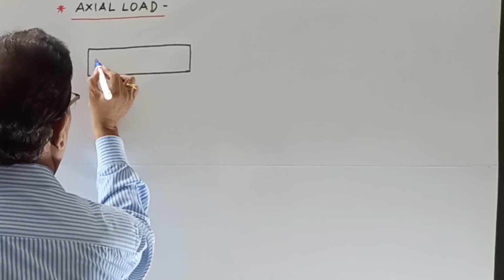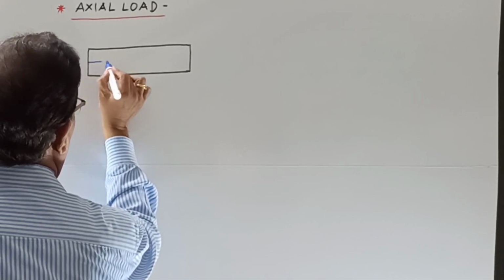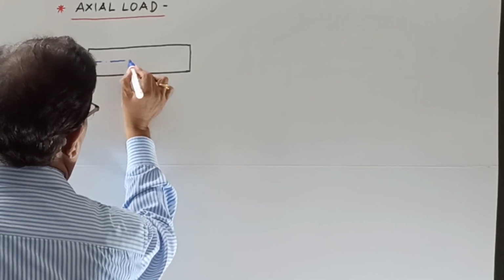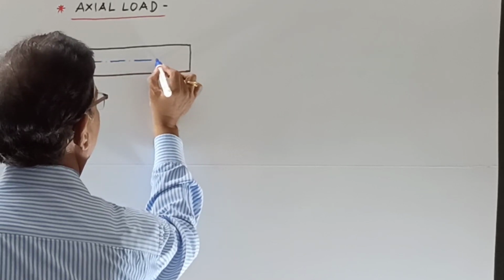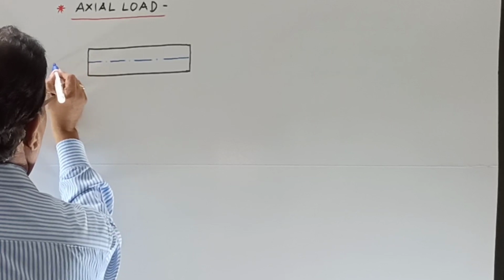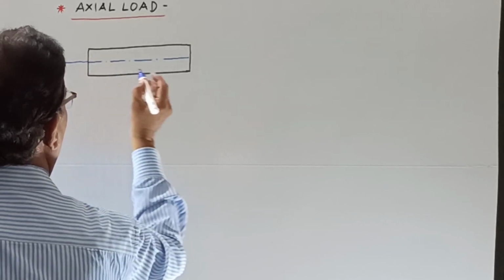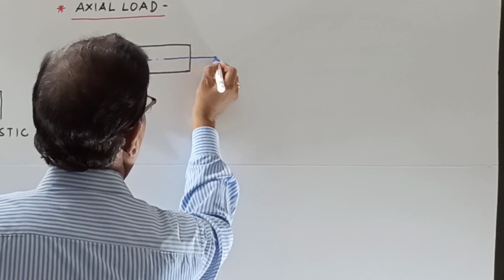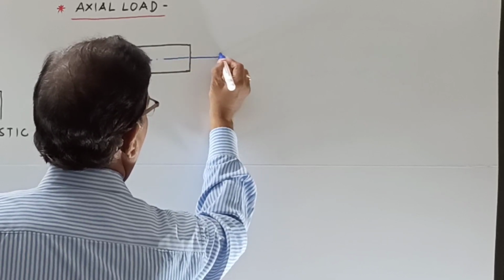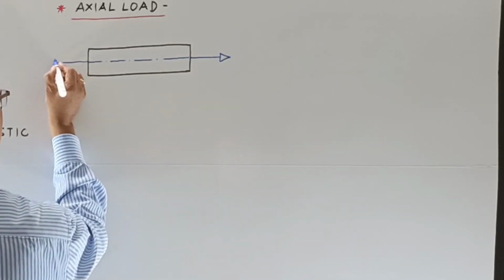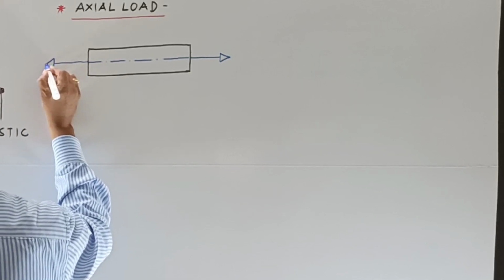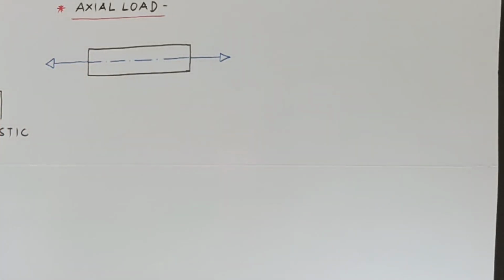Now the imaginary line joining the top and bottom cross section of this particular body is known as axis of the body. If the line of action of the load coincides with the axis of the body, then it is known as an axial load.